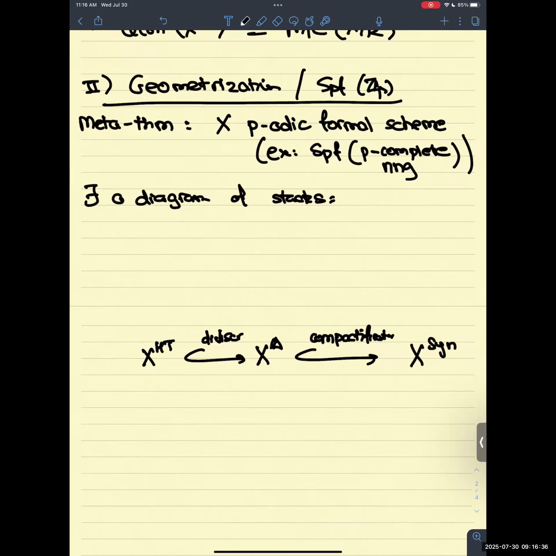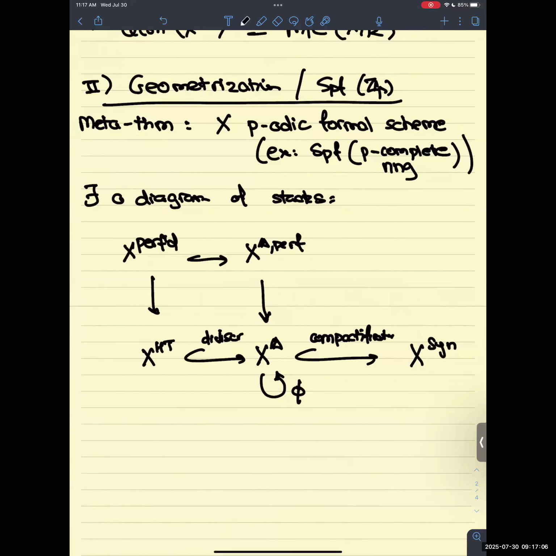And the prismatization carries some additional structure. It carries a Frobenius automorphism or endomorphism. It's a lift of the Frobenius on X prism mod p. A practical consequence is that this lets you talk about the perfection, the inverse limit perfection along the Frobenius of X prism, which is the perfect prismatization. And then you can just pull back this divisor, and you get a divisor here, which is called the perfectoidization.